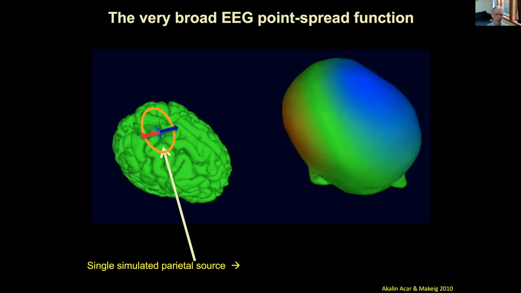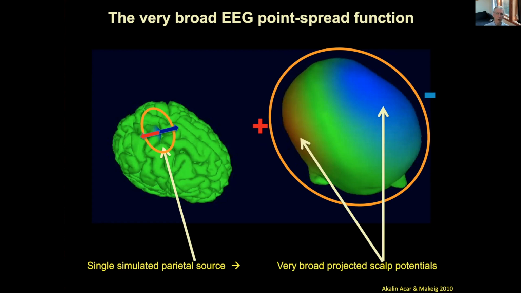Now, at the distance of the scalp, the signal received in the scalp will resemble almost perfectly an equivalent dipole. That means a tiny oriented battery oriented perpendicular to the cortical patch, whose projection to the scalp is equivalent to that of the patch itself. And the projection you see is to the whole scalp.